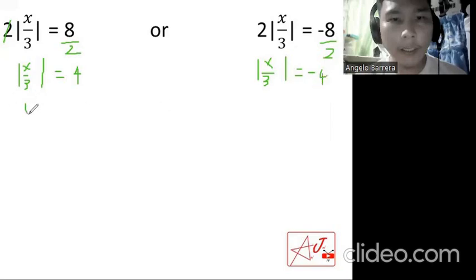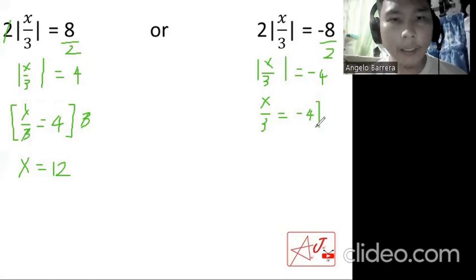Okay, next, tanggalin natin si absolute value. So, x over 3 which is equal to 4. Ayan. So, para matanggal natin yung 3, we need to multiply both sides by 3. Ayan, tanggal na si 3. So, x is equal to 3 times 4 ay 12. And then, sa kabila, same din, x over 3, which is equal to negative 4.